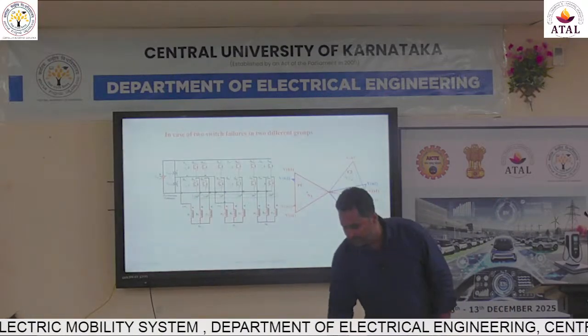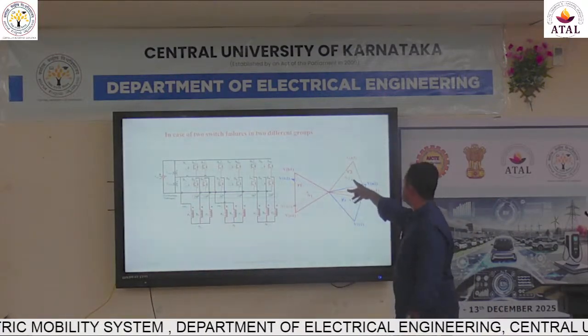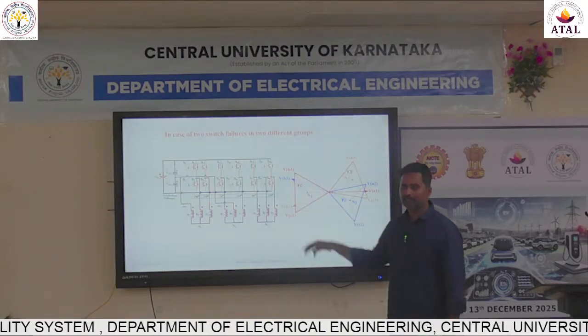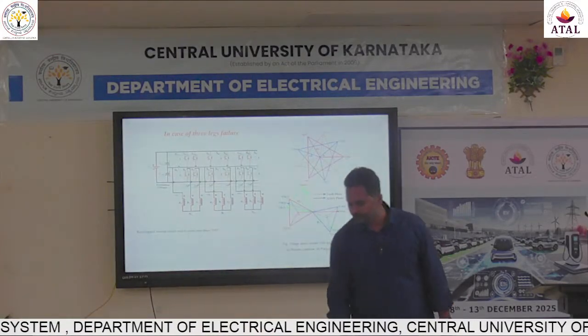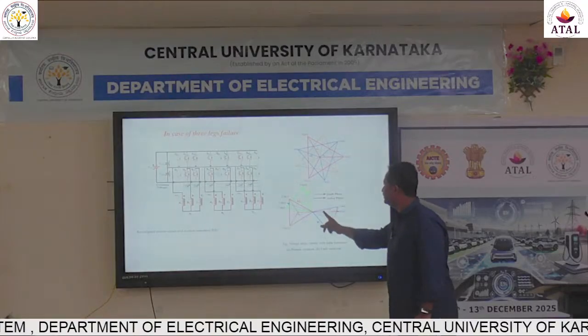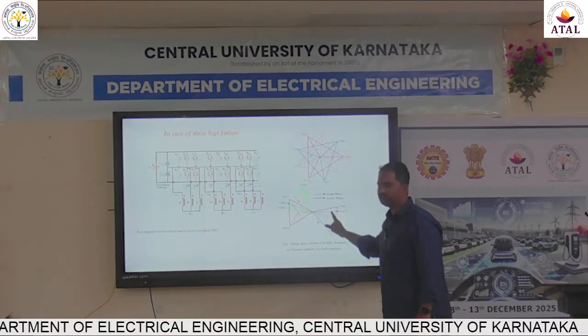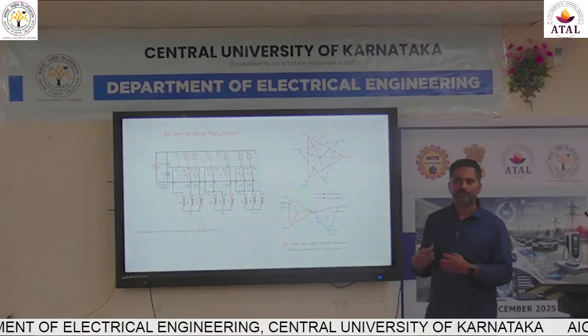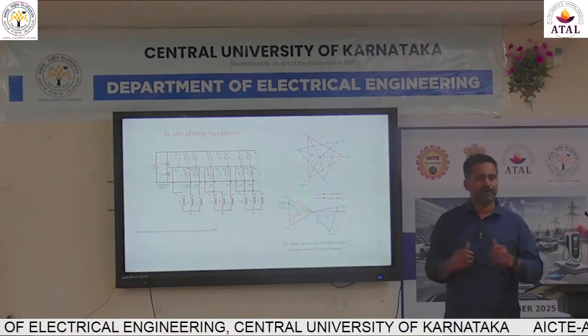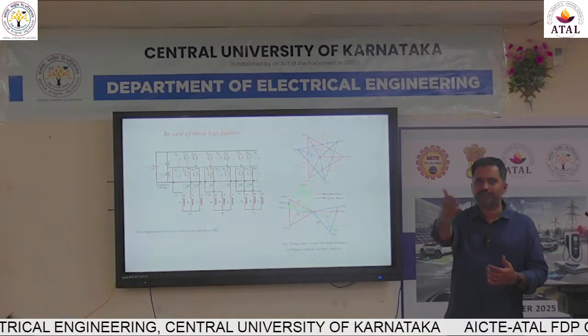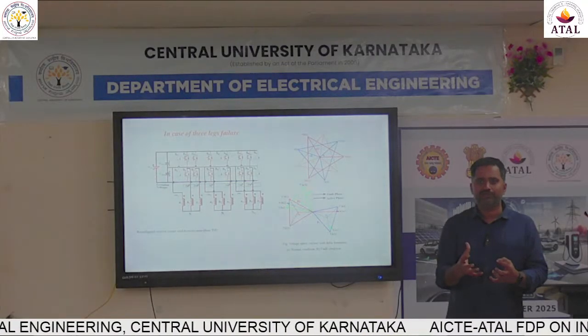If you can see here, this one side is the set of A and this is the C set, and the B set was separated, whereas in the other case A and this is the first and the third set, and the second set was isolated. So they are far away. You can say, why should I worry about it? So just for the students, this is how the transformer windings will behave.